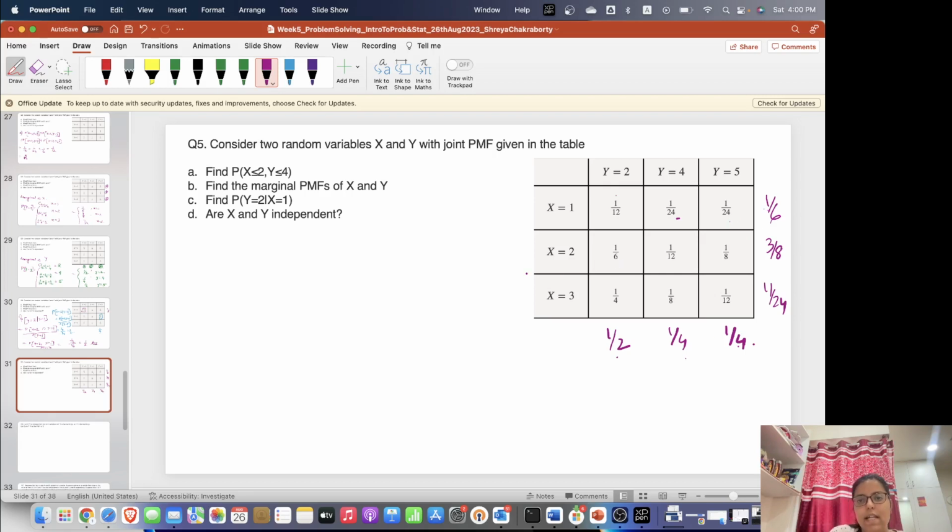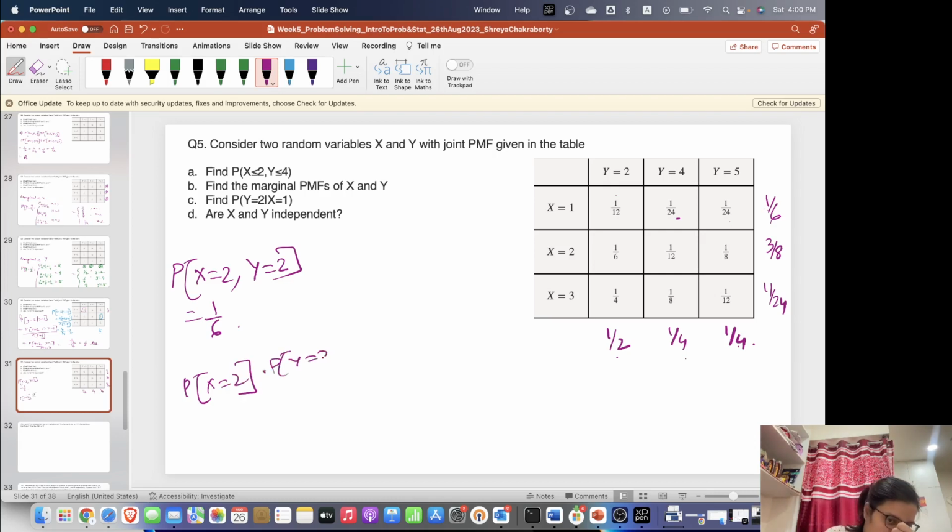But for this one, let's say probability x equal to 2, y equal to 2. This is 1/6. Now probability x equal to 2 into probability y equal to 2 is 3 by 8 into 1 by 2, which is 3 by 16.